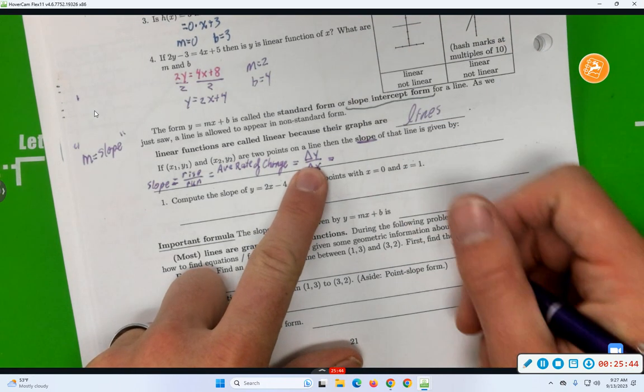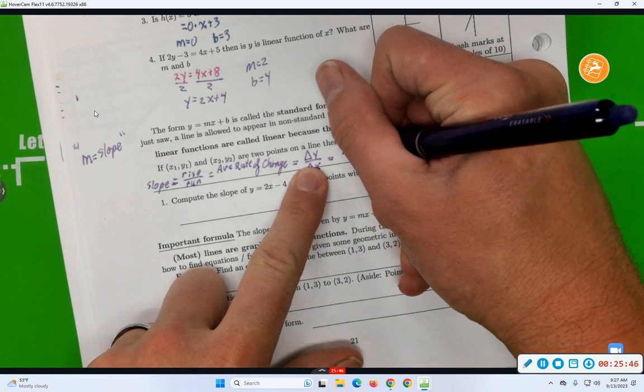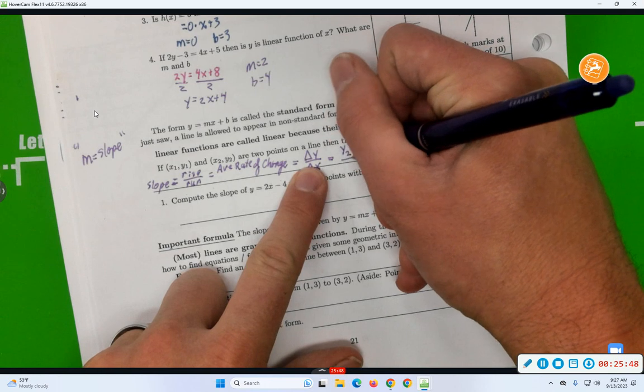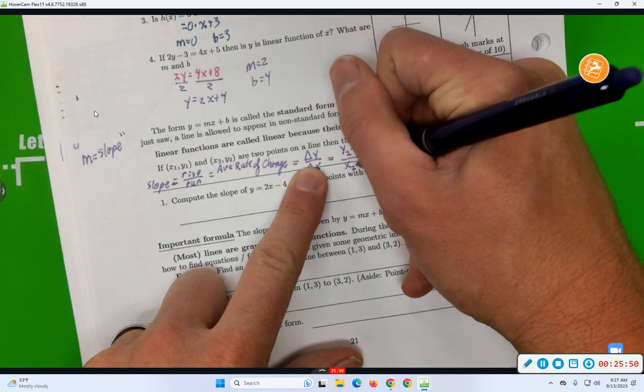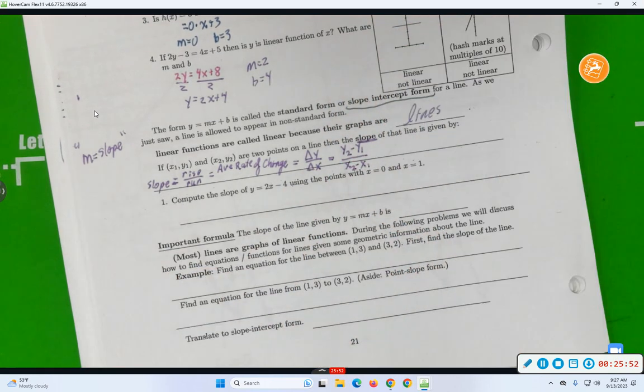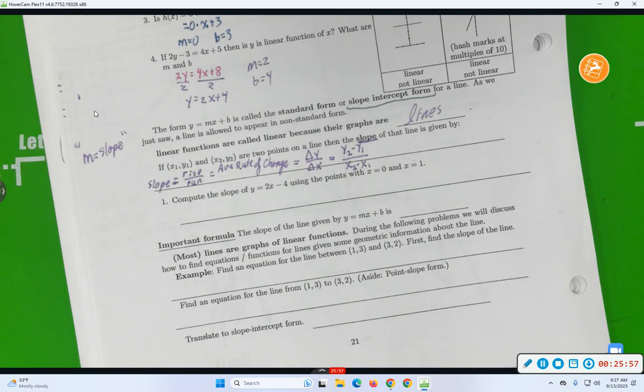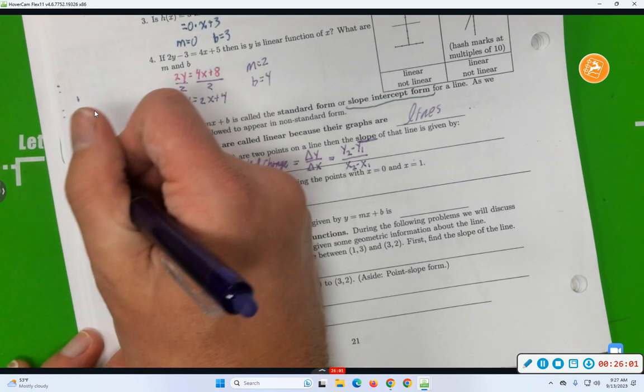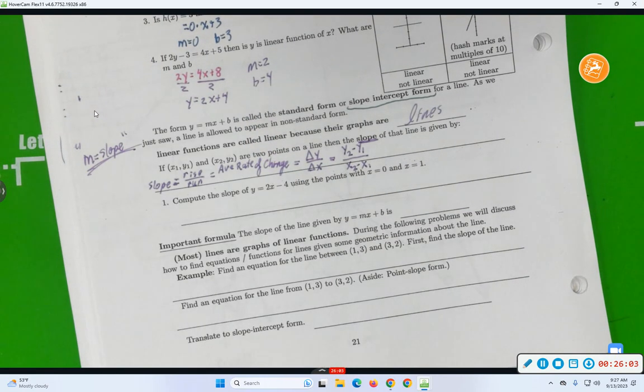Delta y is the change in the y coordinate, y2 minus y1 divided by x2 minus x1. So if you can find 2 points on a line, you can find the slope of that line by computing that difference. And like you've already told me this, m should recover the slope.